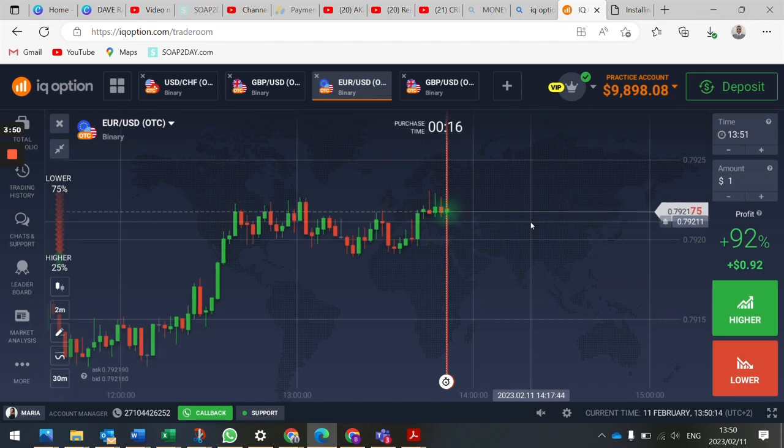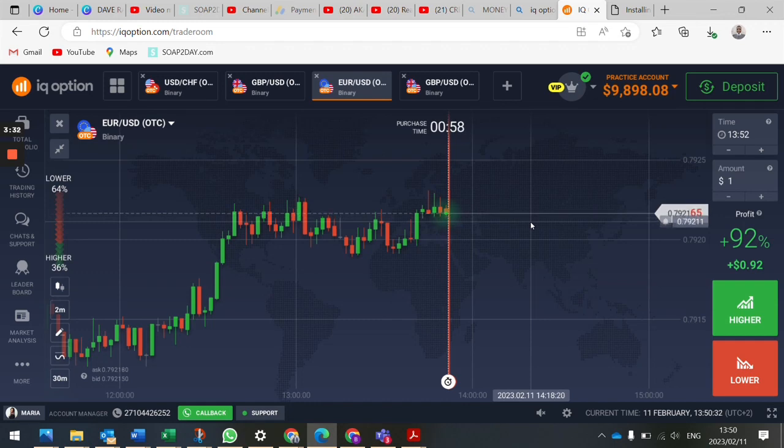Another bit of info I wanted to give you before I give you this technical analysis strategy for 2-minute candles is that from the 1st of March, I will be doing one trade a day so that you can follow me. I don't know if I'll be doing it live. I want to do it live so that you can place the trade with me and we just do one trade a day and close our accounts, and then the next day do a trade a day.